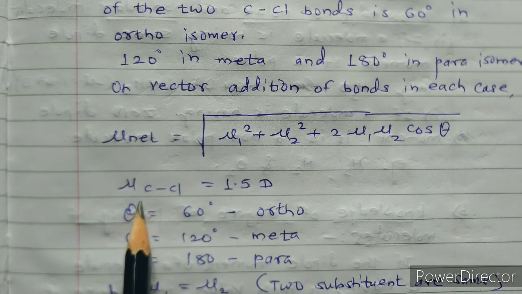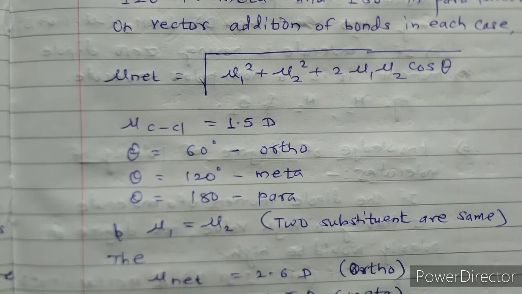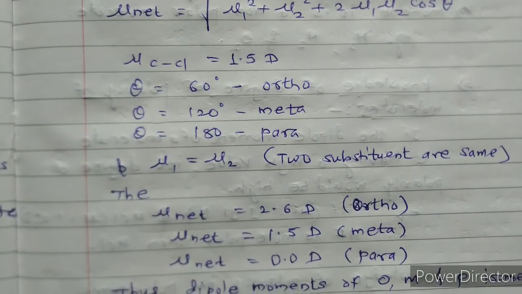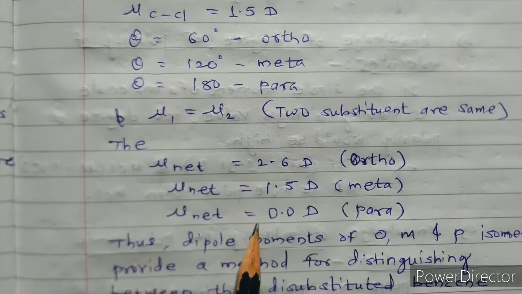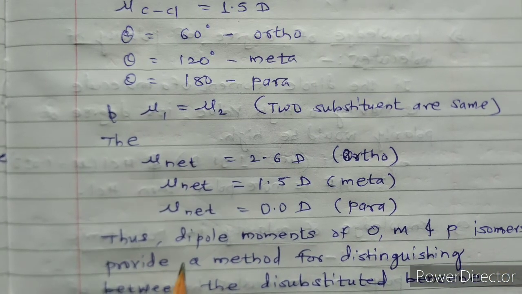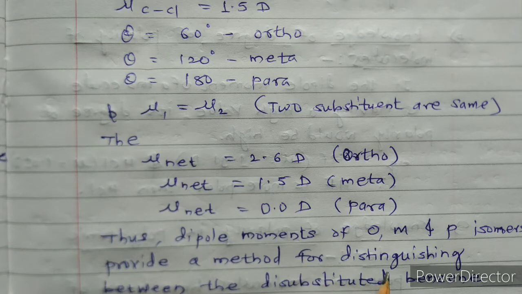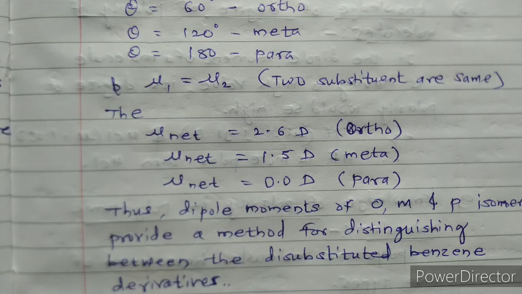When we consider mu1 equal to mu2, then for the same substituent we get the net dipole moment: for the ortho position it is 2.6 D, for the meta position it is 1.5 D, and for the para position it is 0 D. Thus, the dipole moment of ortho, meta and para isomers provides a method for distinguishing between disubstituted benzene derivatives.